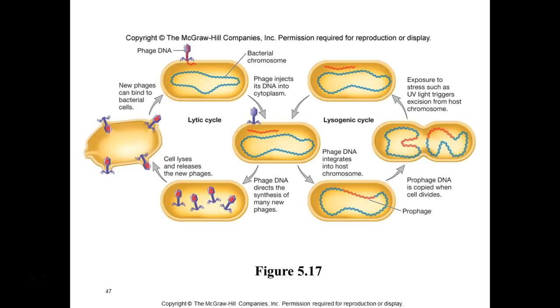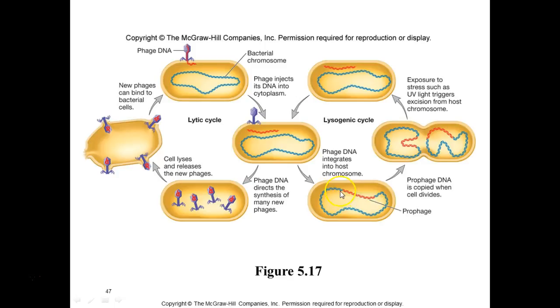So here it is diagrammatically. So temperate phages can go lytic cycle, where they're going to reproduce inside the cell, lyse out, and infect more cells. And they can just keep going around and around like this, over and over again. Or their DNA can incorporate into the bacteria's DNA.